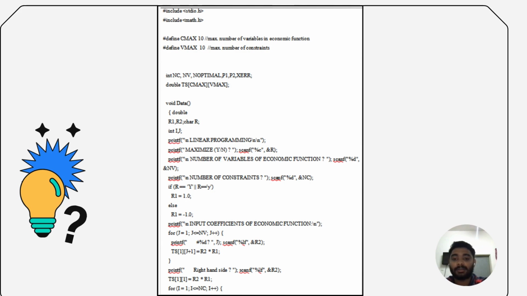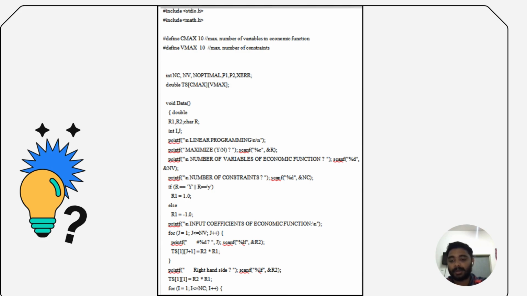Next, double R1, R2 declares two double precision variables. The next line, char R, declares a character variable R. Integer I and J declare integers. Printf prints the messages.